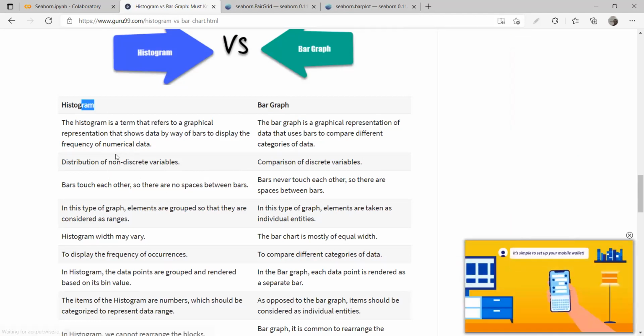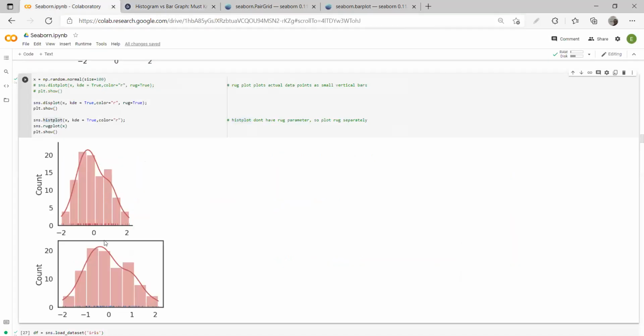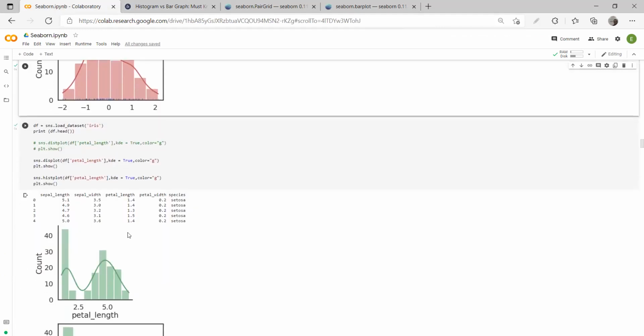If you want a numerical value, plot a histogram. That's not really necessary, though; you can also have a histogram for that as well.